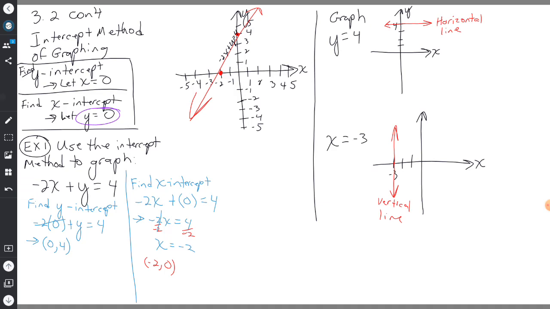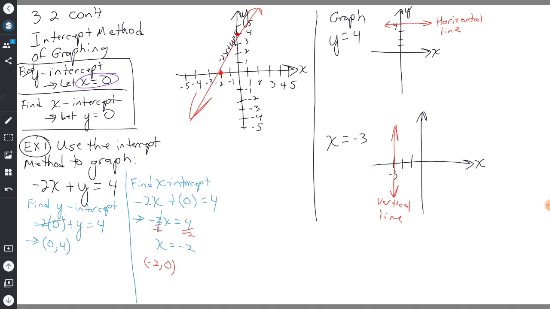So let's look at example 1, where we use the intercept method to graph. We have the equation negative 2x plus y is equal to 4, and we want to graph that equation using the intercept method. Again, we find our y-intercept by letting x equal 0 in that equation.